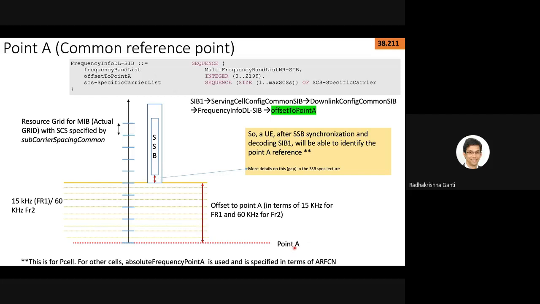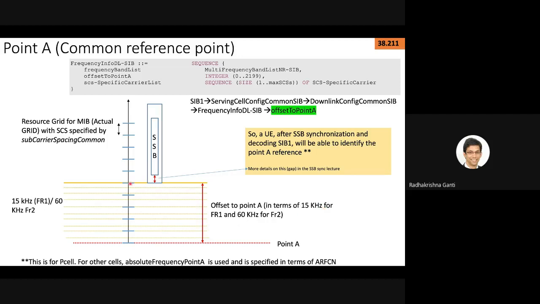Once the UV knows point A, it will know exactly where the actual resource grid is. Essentially, it decodes core set 0, from there it gets the MIB and SIB messages, and from there it will also be able to decode point A and the actual resource grid. How it's specified is that the offset to point A is always specified in terms of 15 kilohertz subcarrier spacing.